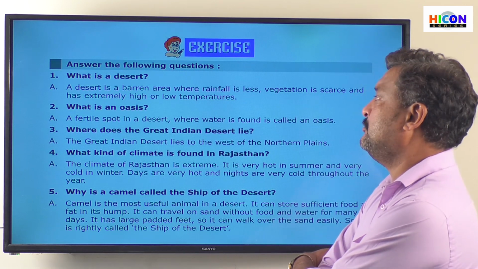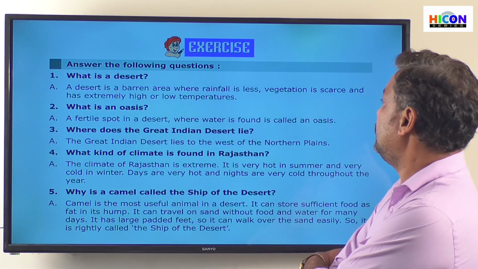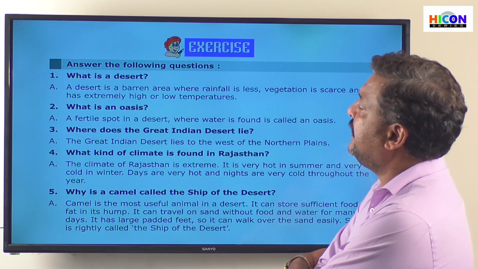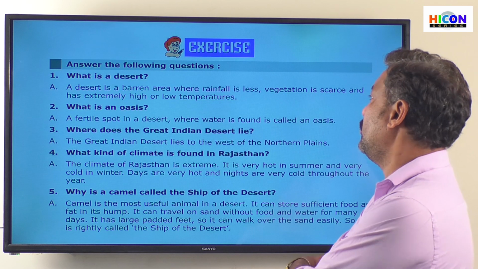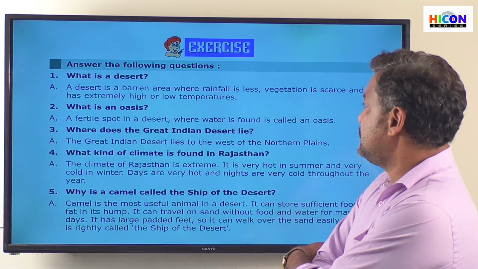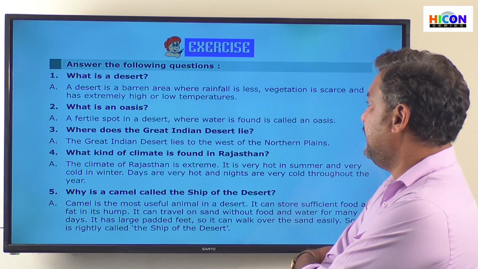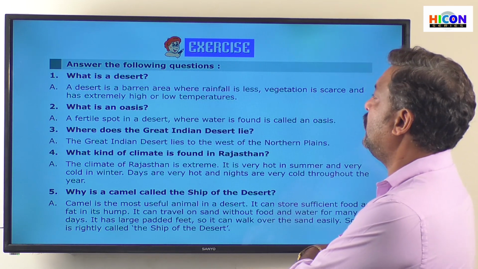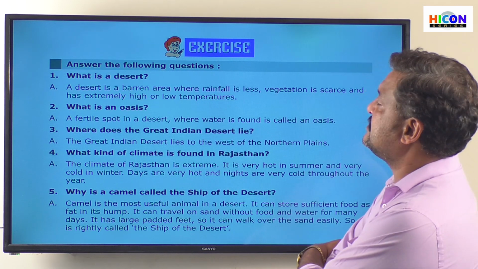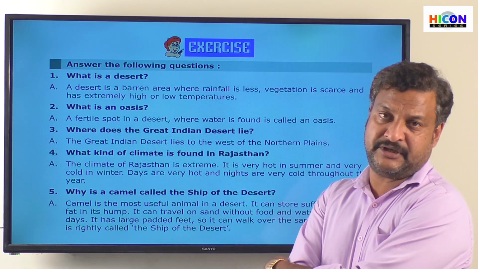A desert is a barren area where rainfall is less, vegetation is scarce, and has extremely high or low temperatures. So, a vast barren land area with very less rainfall, scarce vegetation, and extremely high or low temperature.